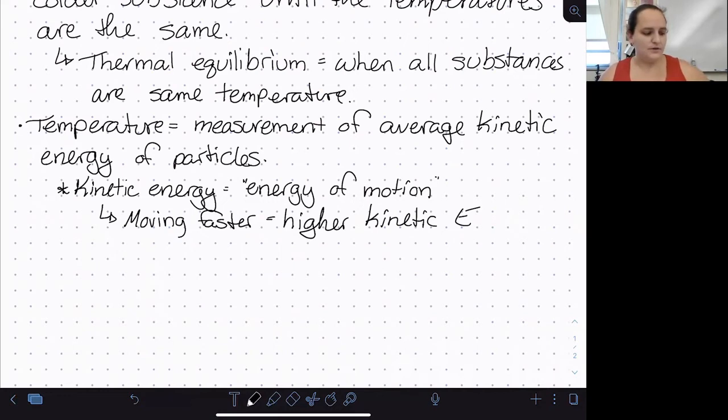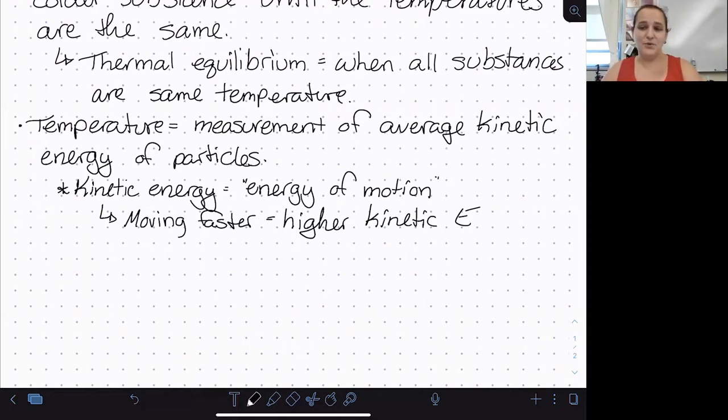So it's important to keep in mind how temperature and heat and kinetic energy are all related. These three terms tend to get used interchangeably, but they're not interchangeable at all. They have different meanings. So heat is the transfer process of energy.